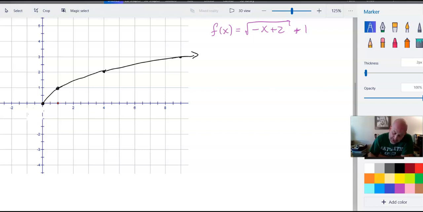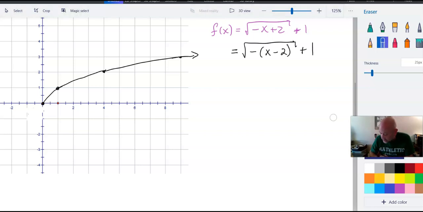So what you have to do is factor the negative out of this whole term before you really start thinking about it. So this is actually the same thing as the square root of -x minus 2, plus 1. Okay, so let's see what actually happens with this flip. Now, we just said it's going to change the direction. So it was pointed this way.